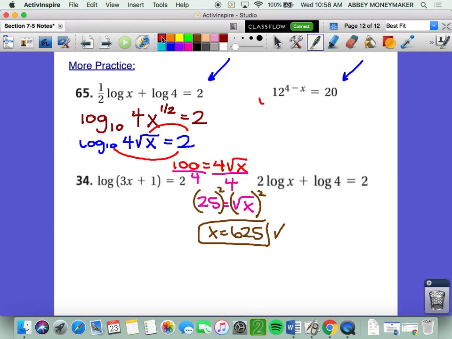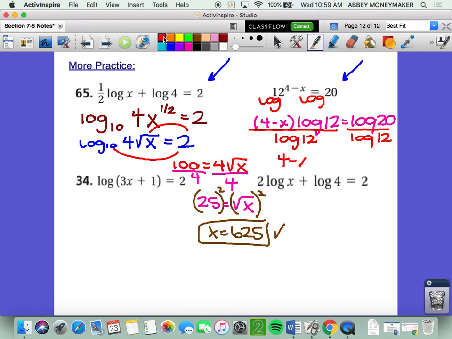Log them. Now, before you log them, did you check to make sure your exponent was by itself? Of course you did. So we got 4 minus x times the log of 12 equals the log of 20. Help me out. Divide by log of 12.